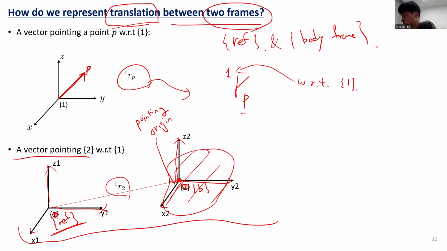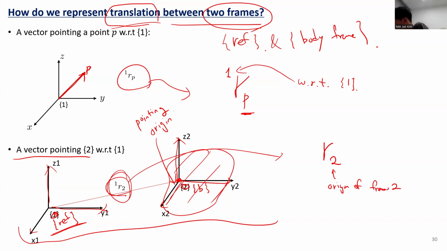And this vector is pointing to the origin of frame 2 with respect to frame 1. That's the notation.